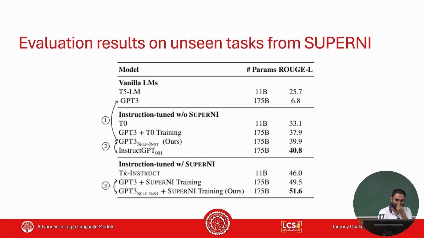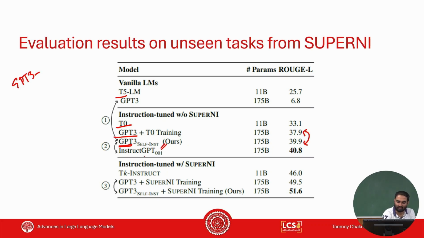Self-instruct, and they showed that, this is GPT-3, this is T0, T5. They showed that if you do instruction fine tuning on GPT-3 with the self-instruct data, you see a boost.